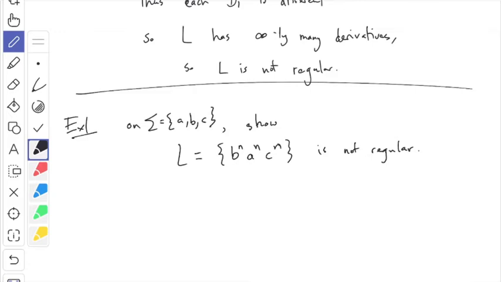Okay, let's do it. So I'm going to write this as a proof here. But really, there's not much to say. Your proof for all of these will begin by just telling me what all the derivatives are going to be. Then you have to somehow explain why all those derivatives are different from one another. Anyone want to suggest what I should be taking the derivative of this time?